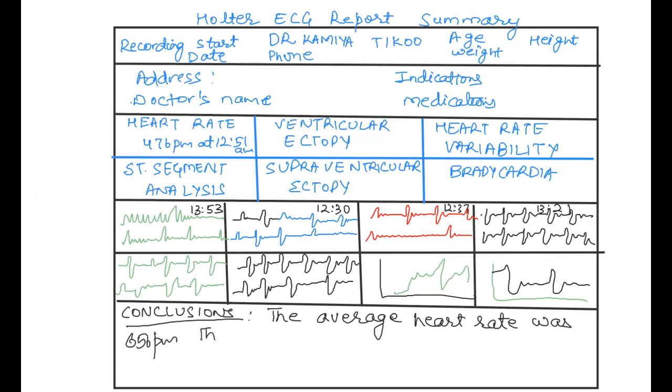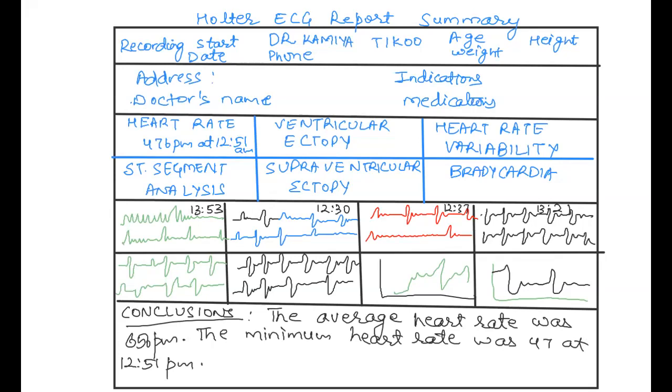The minimum heart rate was 47 at, let's say, 12:51 p.m. And then we'll give the maximum heart rate also. The maximum heart rate was 107 at 1:20 p.m.